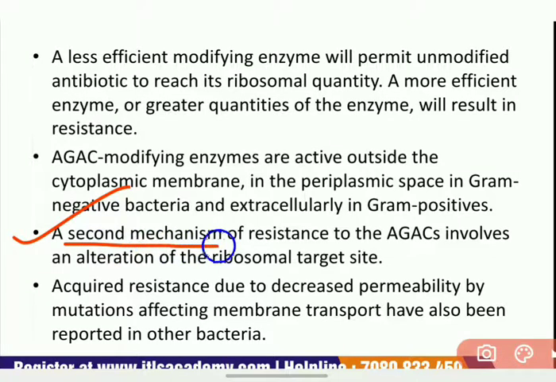A second mechanism of resistance to the AGACs involves an alteration of the ribosomal target site. Here, mutations in the gene coding for ribosomal protein S12, that is RPSL in E. coli, prevent the antibiotics from binding to their target.